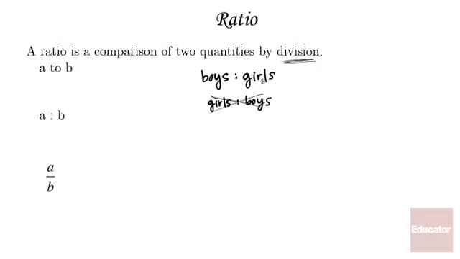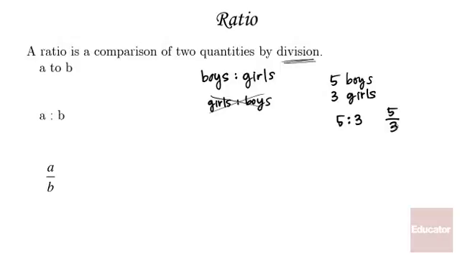So boys to girls. If I say there are 5 boys and there are 3 girls, then the ratio of boys to girls would be 5 to 3. You can also write it as 5 to 3 like that.